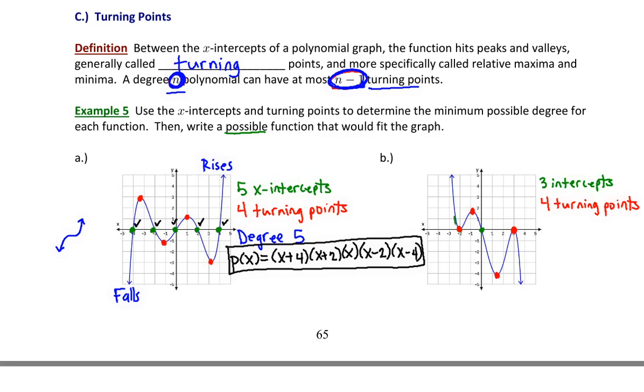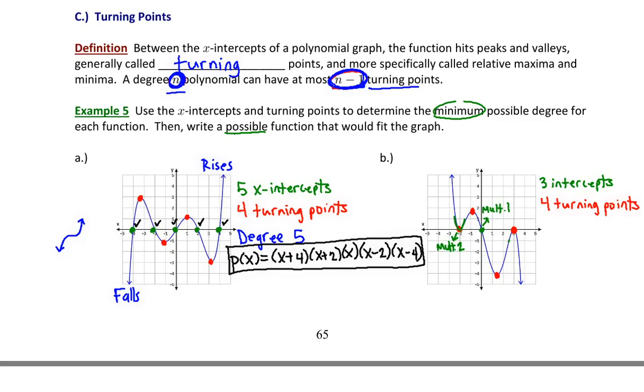Notice on this first one, the polynomial bounces on the x-axis. So we know this one must have at least multiplicity of 2. It has to have even multiplicity. It could be multiplicity of 4, but we're looking for the minimum possible degree. This one crosses the x-axis, so it's going to have odd multiplicity, or multiplicity of 1.